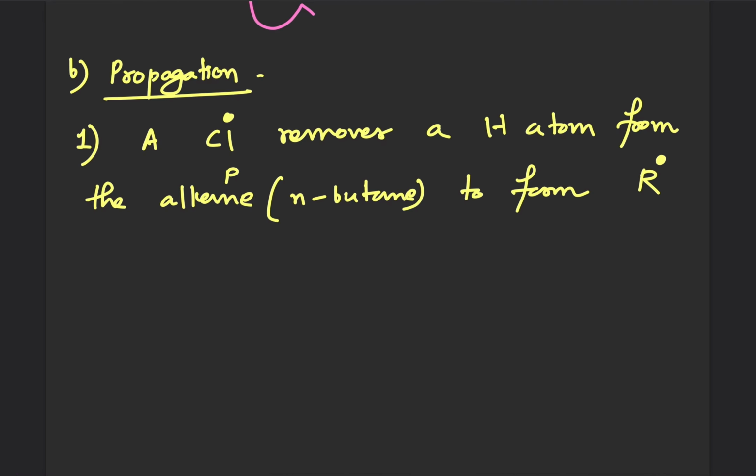Let's say the general alkane is R, so the alkyl radical will be R dot.